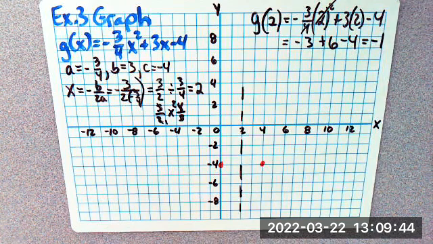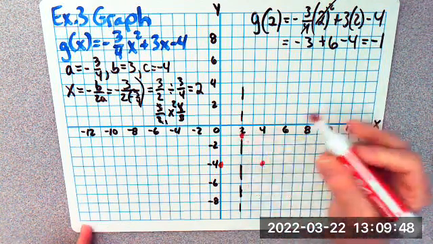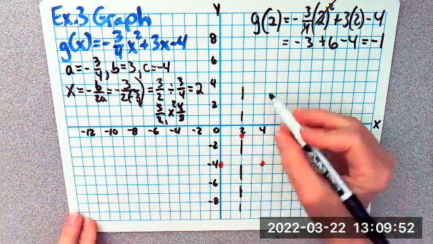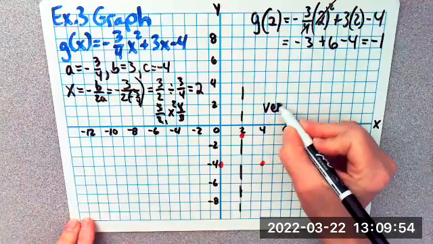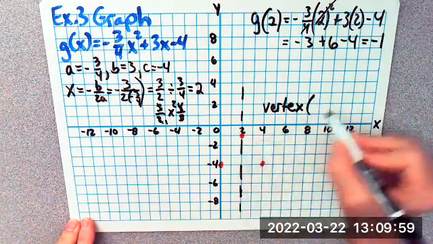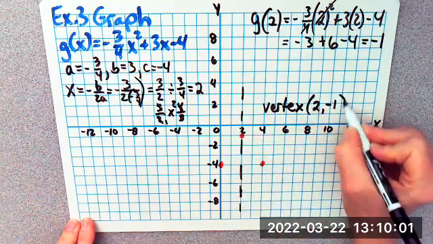So we see that our vertex will be right here. The vertex is going to be at 2, negative 1.